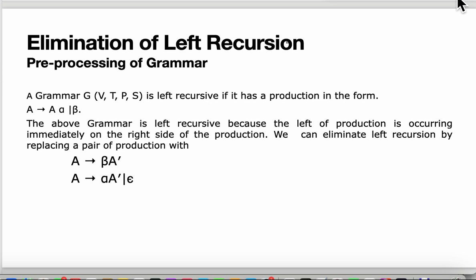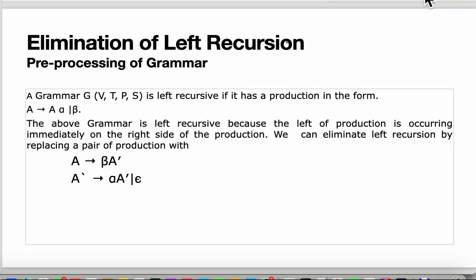We have only alpha and the variable that you have created, A dash. A dash gives alpha A dash or epsilon. So we have created a new variable called A dash. A dash gives alpha A dash or epsilon. This is the process by which we eliminate recursion in a given grammar.